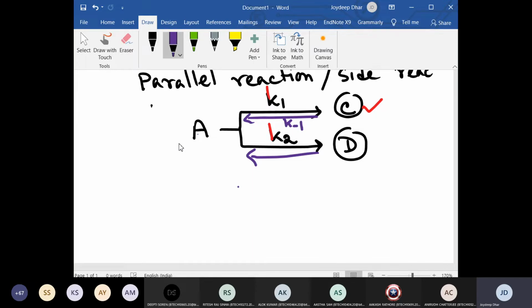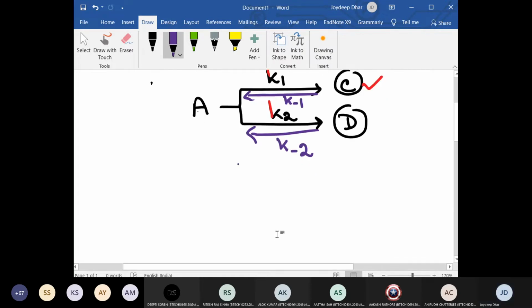That is the backward reaction, which is product to reactant, C to A. And another backward reaction is D to A. So that is K minus 2. So how many equations you will have now? 4 equations. 2 are forward reactions and 2 are due to backward reaction. So 4 rate constants I can associate with this one.